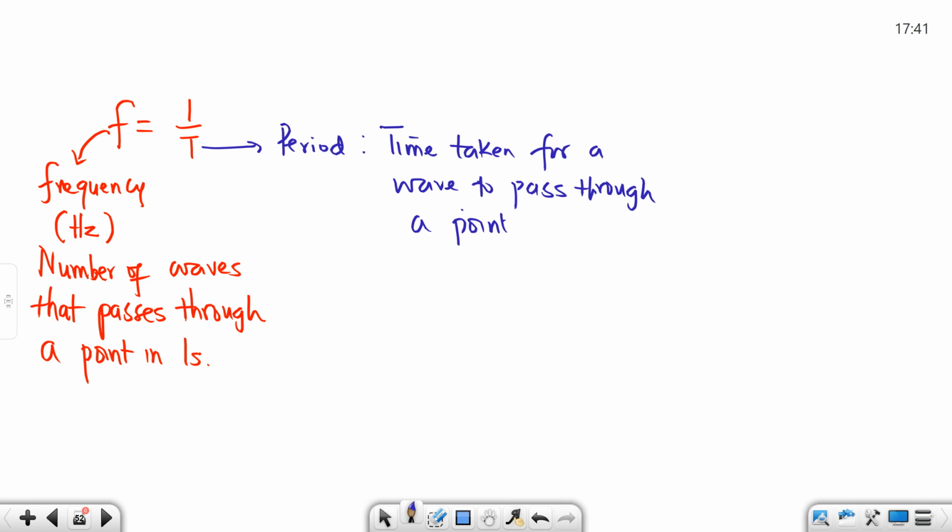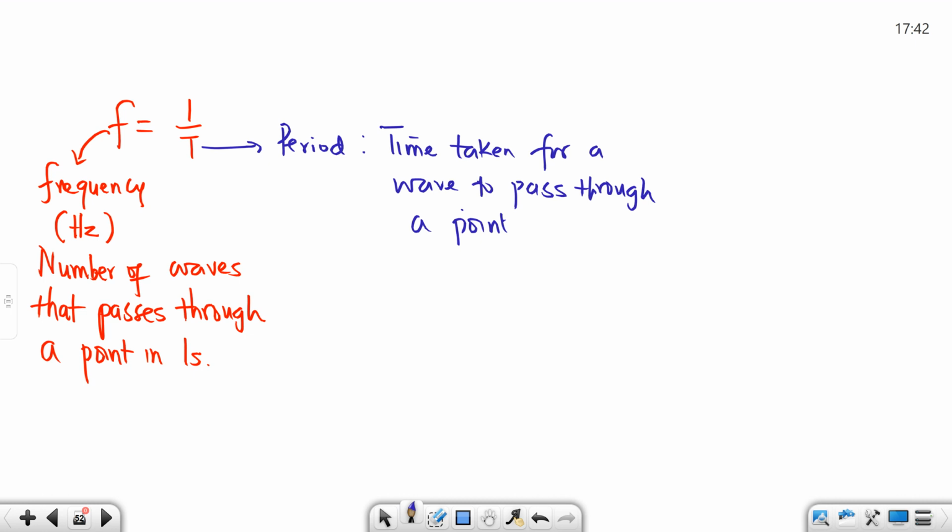But if I'm looking for the time it takes for one complete wave to pass through a point, that's my period. Period always talks about what? Time. I'm already talking about time. Makes sense. So when we talk about period, we talk about the time frame. But for how many waves? For one wave.